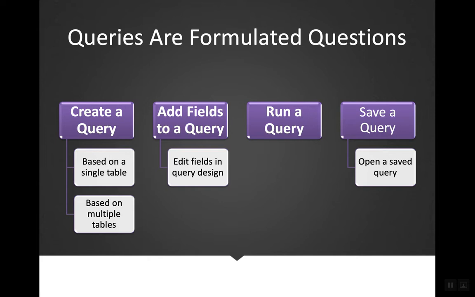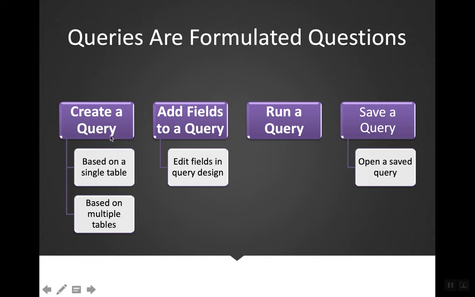There's a technique built into the relational model, Codd's original relational model, around querying a database. Basically, it's a computer language specifically designed to ask a question to get an answer. So how do you create a query in Access?